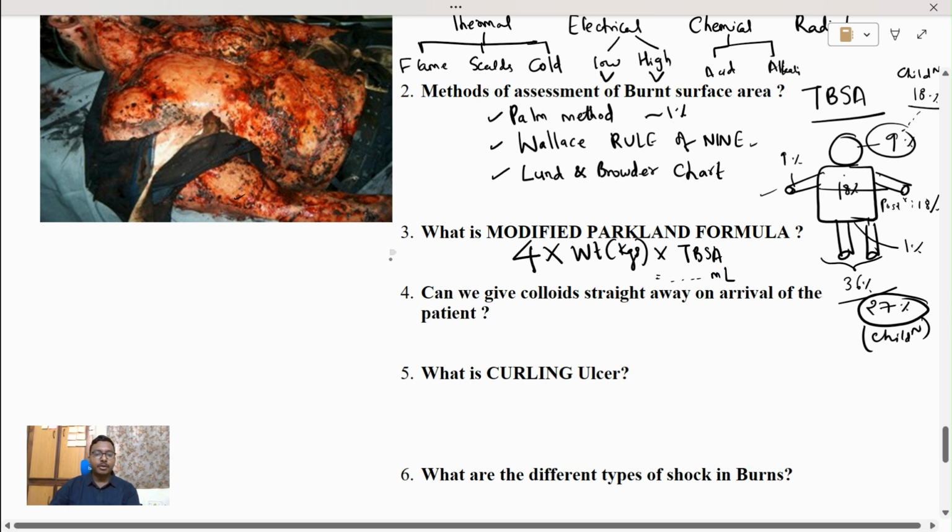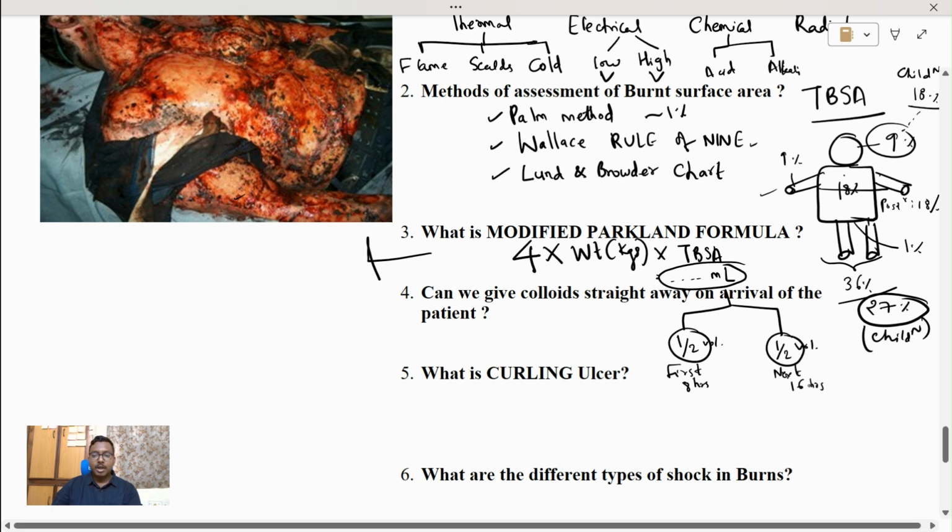Out of this, we need to infuse the fluid: we divide whatever ml is coming here. The first half of the fluid is given in the first 8 hours. Then the remaining half volume will be given in the next 16 hours.